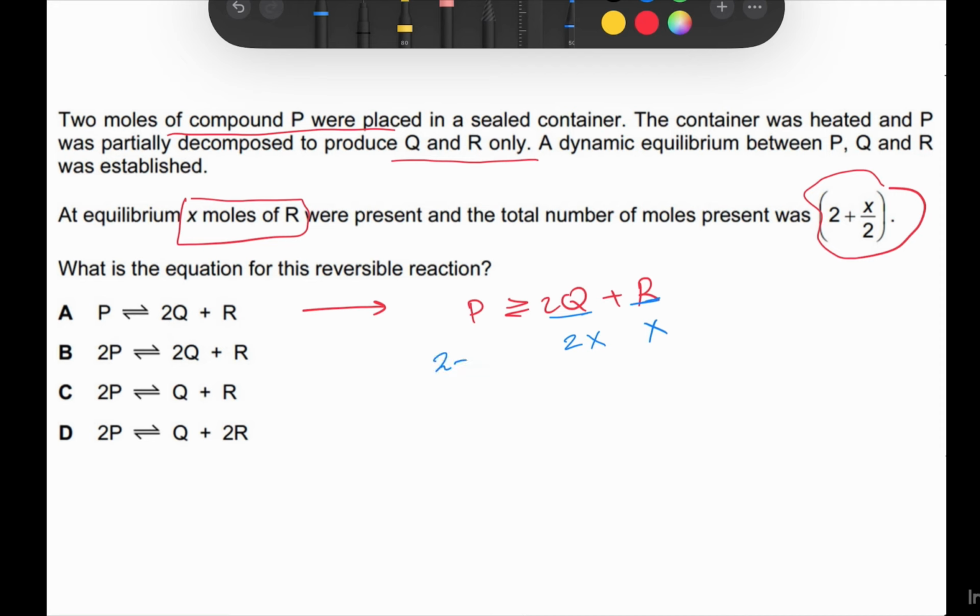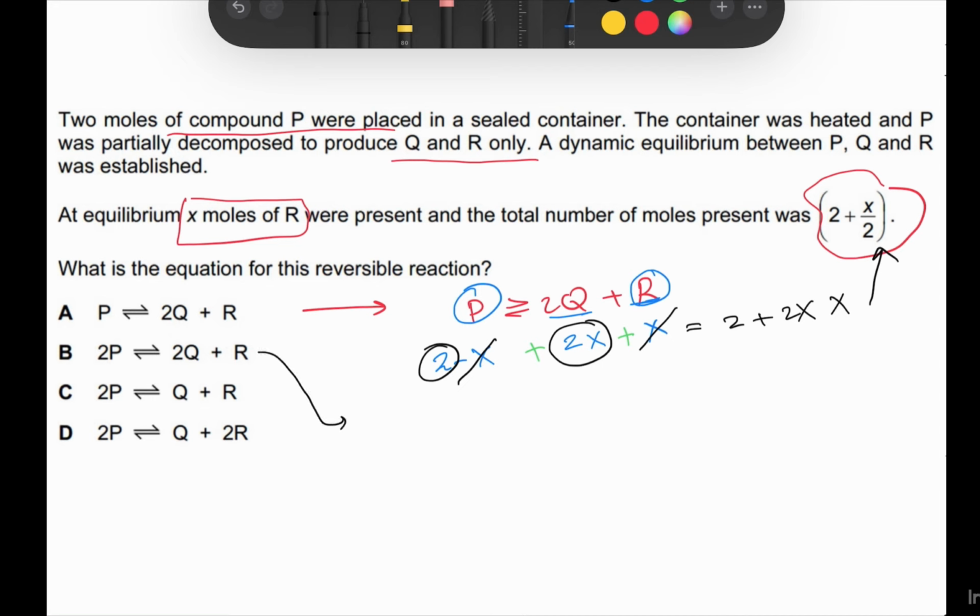Or how many? Since we have the ratio of R and P is 1 to 1, then we have to say 2 minus X. And if you take the summation for all of these together, the X's cancel out each other, and you will end up with 2 plus 2X, which is not correct as this one here.